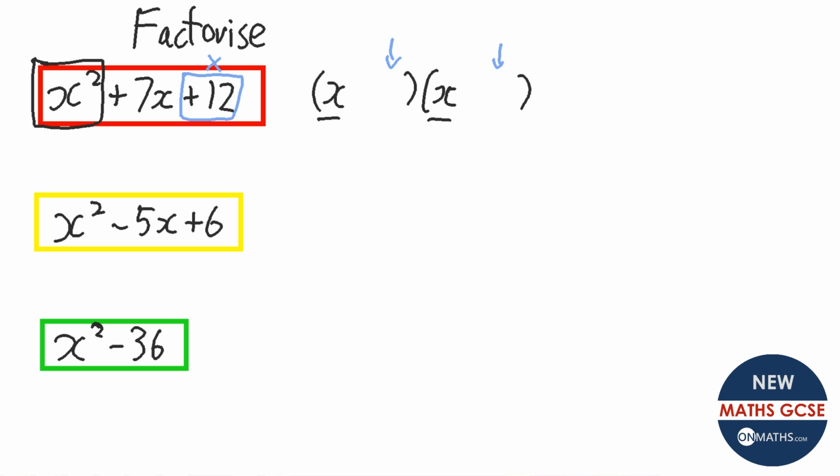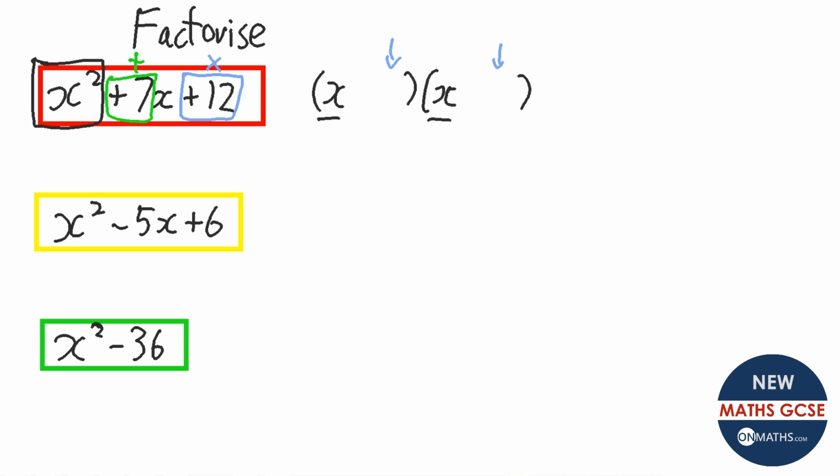Okay, and we got this number here by adding. Okay, remember when I said expand and simplify? When you simplified it, you added them together. So the question is, what 2 numbers times together to make 12 and add together to make 7?